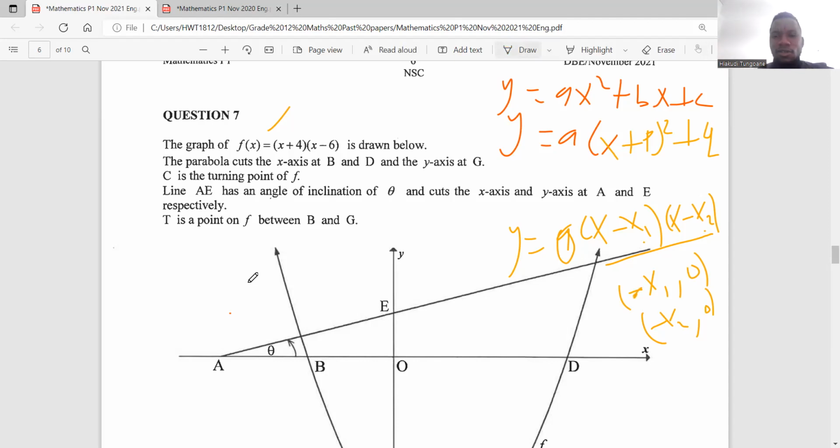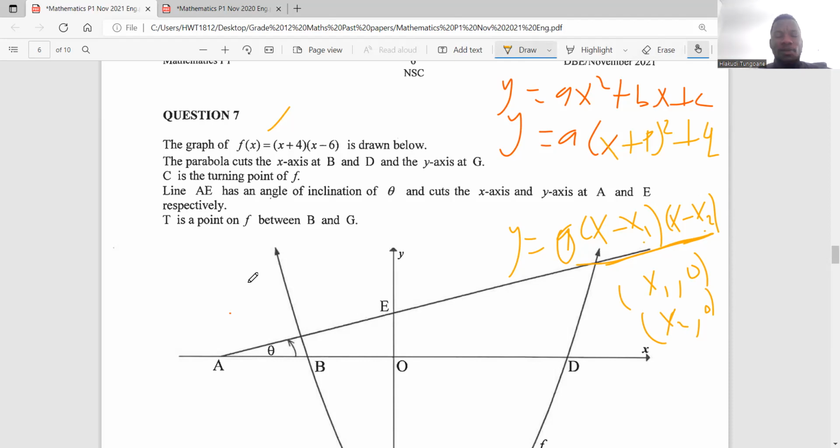So this is our coordinates. Our coordinates are x1 and 0, and x2 and 0. But obviously be careful, because our notation here is in the form of x minus x1. It's not x plus.